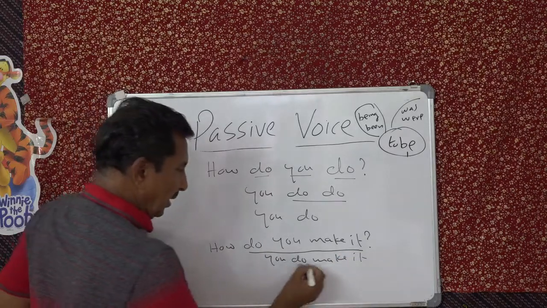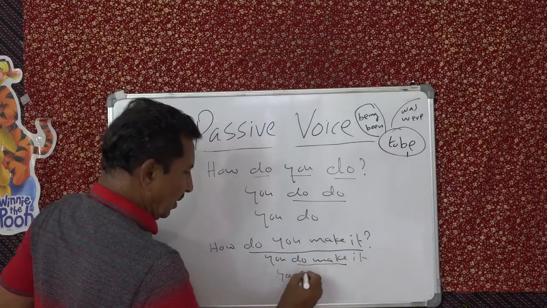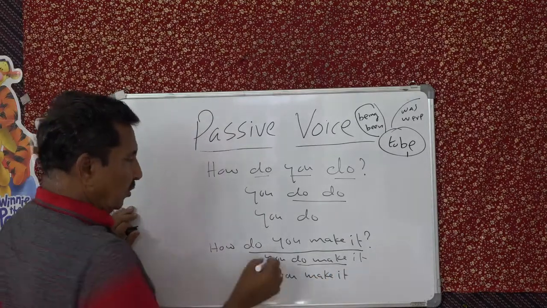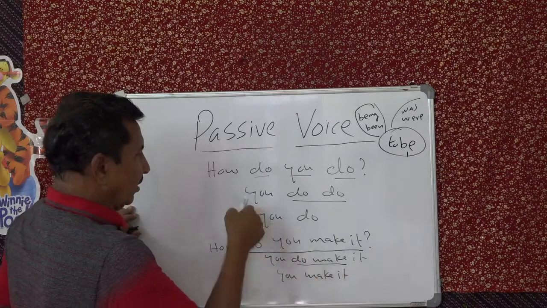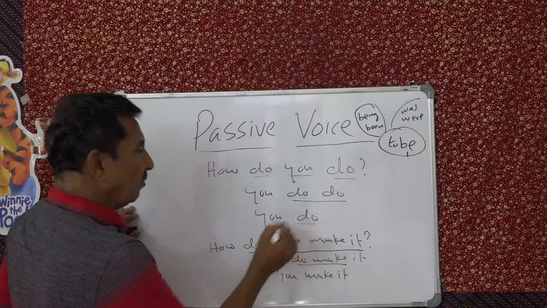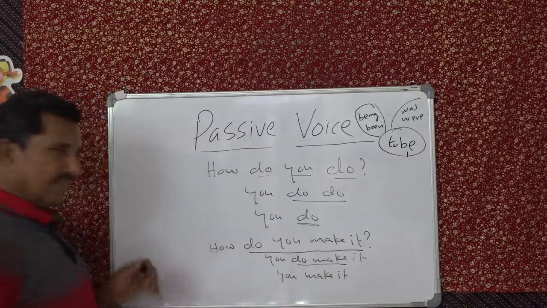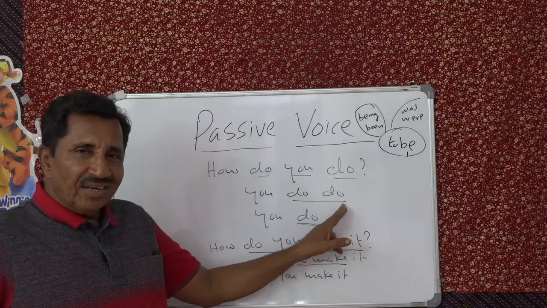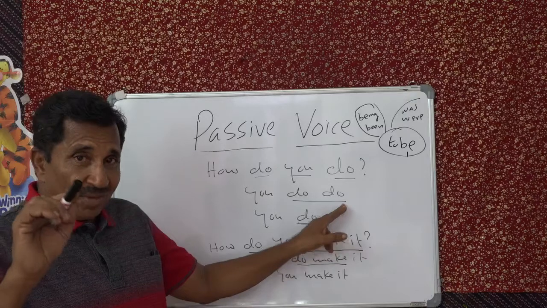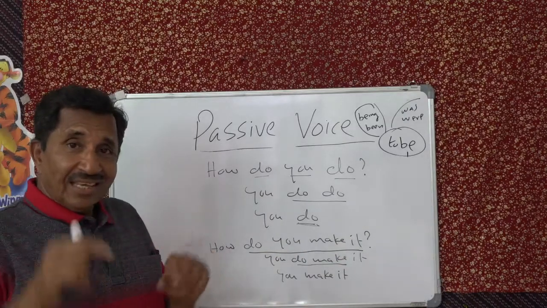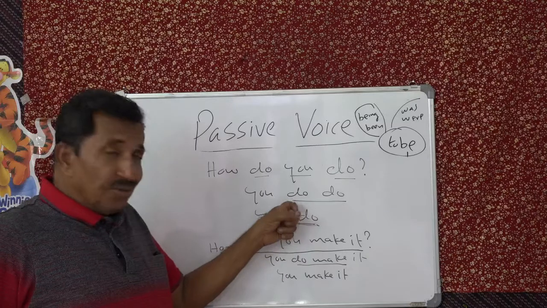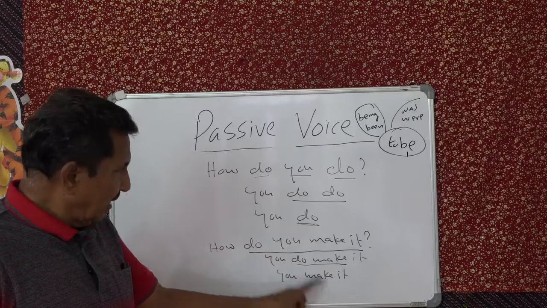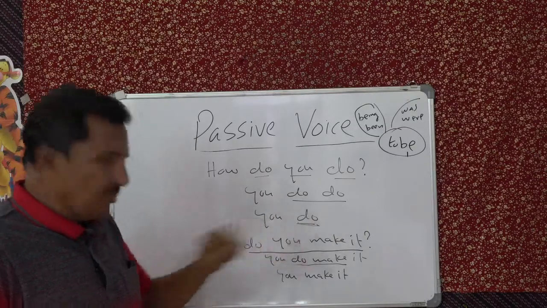Right? Do make is make it. Then you do will become do. Listen. This do, what have you done? For making a question you have to insert a do. So this is the inserted do. Like here, you do make, that becomes make. You do, that becomes do.